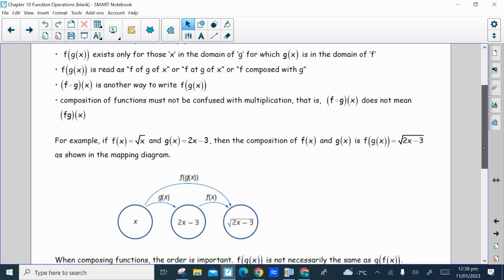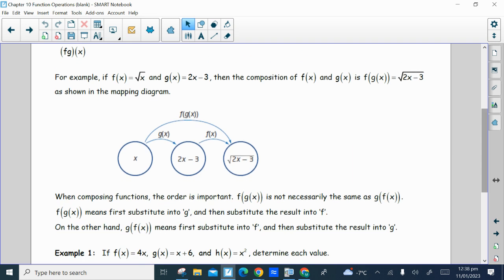So for example, if f(x) is the root of x and g(x) equals 2x minus 3, then the composition of f(x) and g(x) is f(g(x)), which is the root of 2x minus 3. So again, where does that come from? Well, g is embedded into f. Wherever you see the variable in f, which is just the x under the radical, you're going to replace that with all of g.